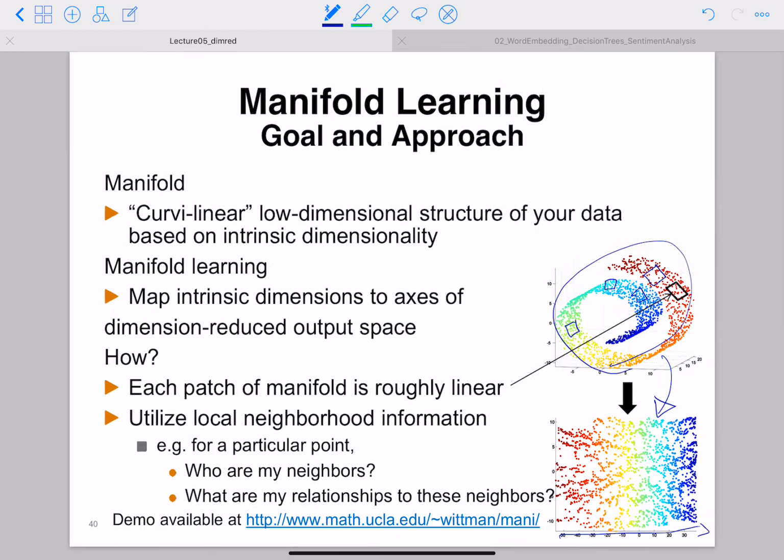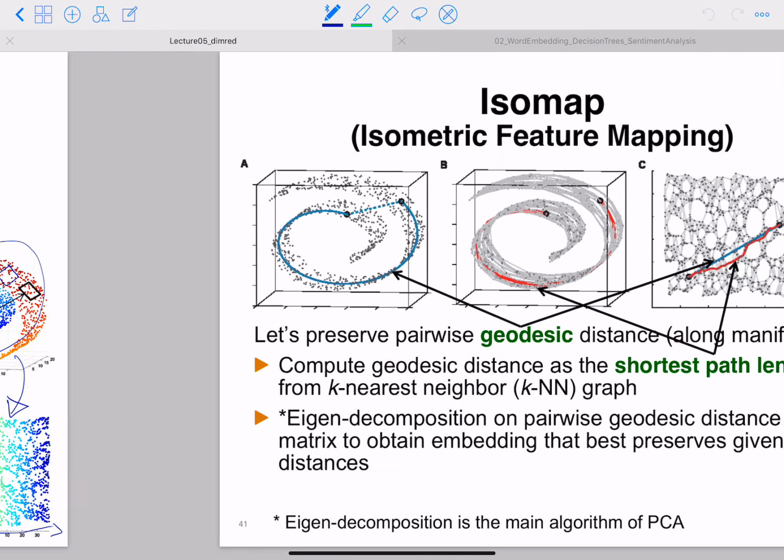So that is the main assumption that we utilize to perform manifold learning. Let's see how we can utilize these local patches to learn the manifold.